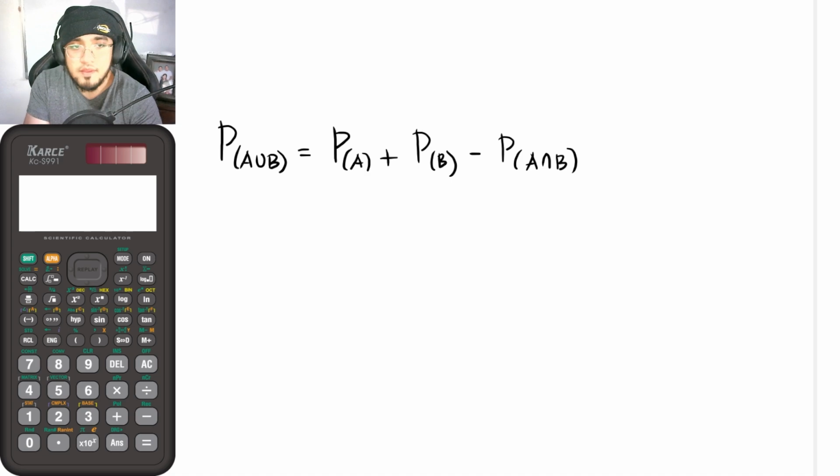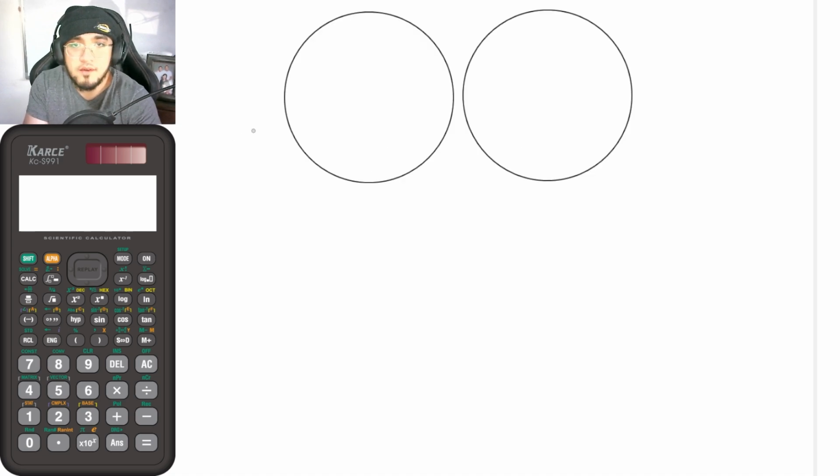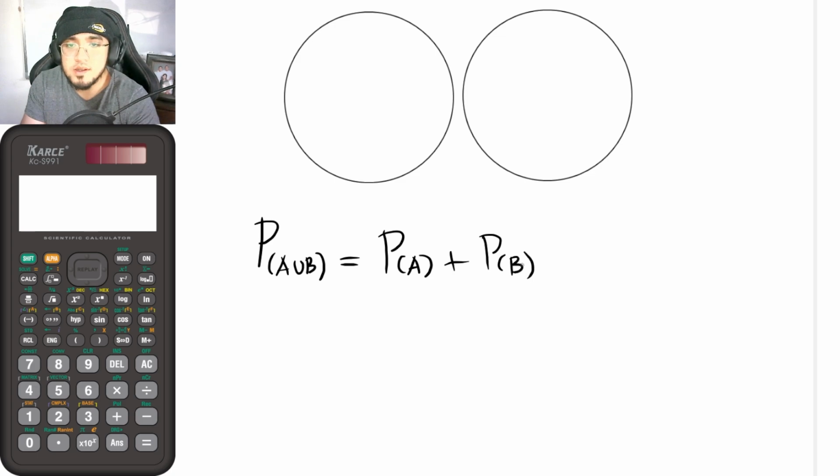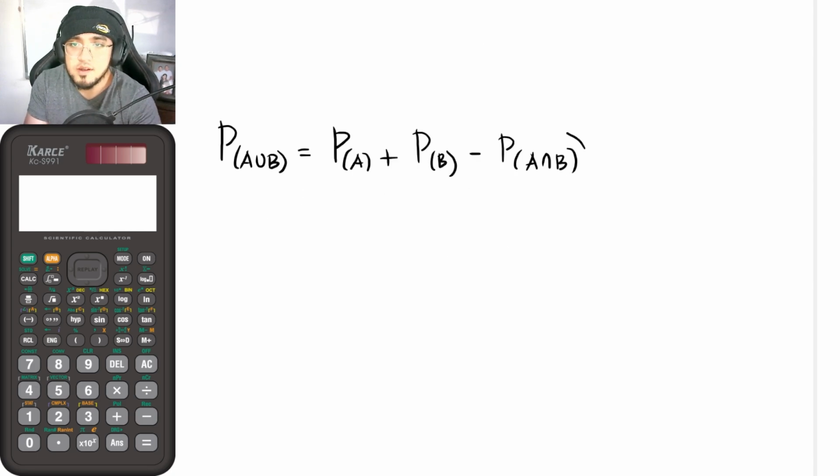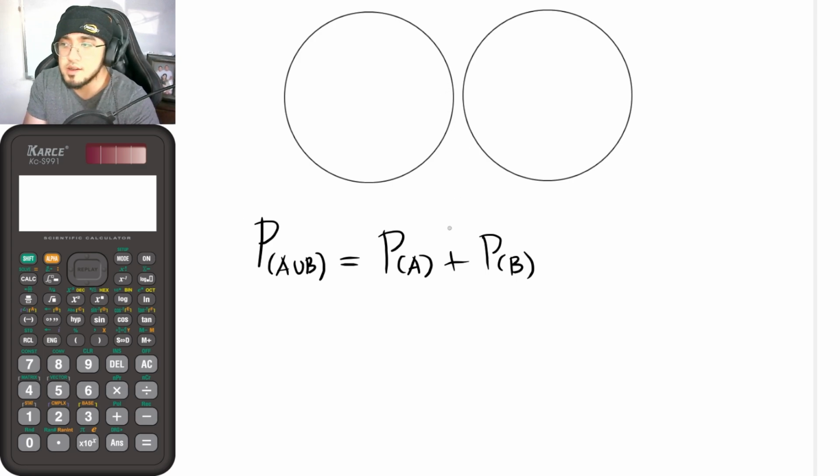So in the event that the two sets of events are mutually exclusive, meaning that they have not intersected, the probability of their unity is basically equal to the sum of their individual probabilities, since of course, this value is now equal to 0, since once again, they did not intersect.